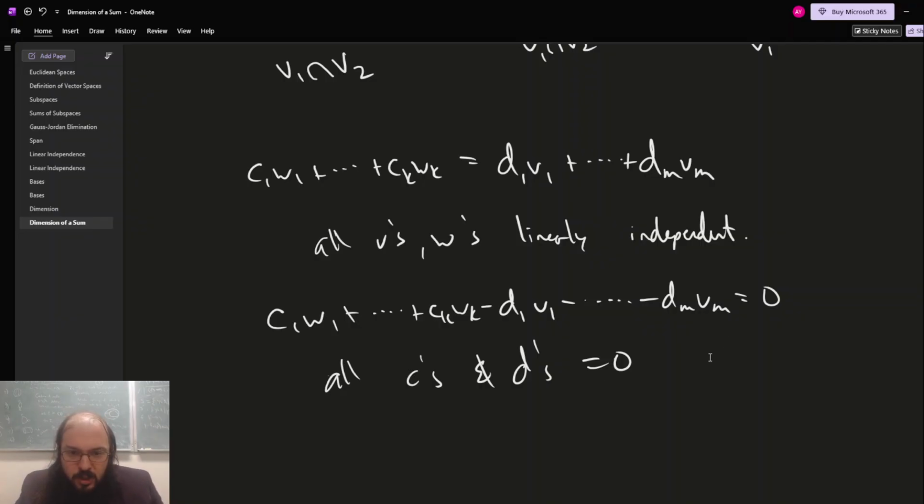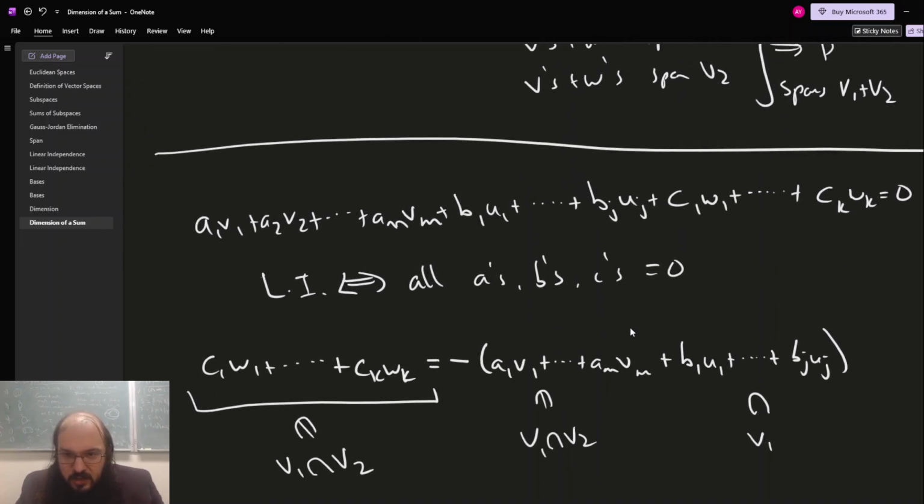And this is what finishes us off, because I don't actually care about the D's at all. I care about the C's. Since the C's are all 0, this all drops out. And what's left are the A's and B's. But you see, the magic is the A's and the B's, right? The U's were selected as a basis extending the V's to all of their vector space.